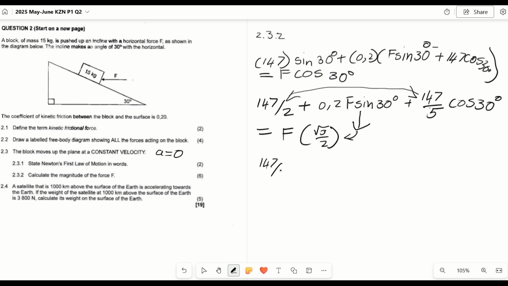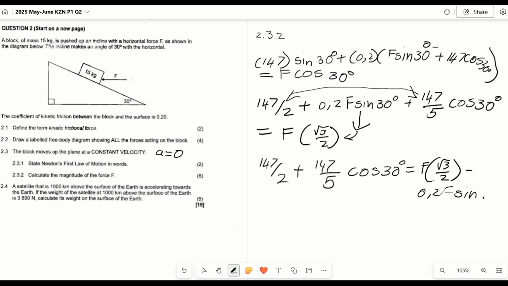So 147 divided by 2 plus 147 divided by 5 cos 30 degrees equals F root 3 over 2 minus 0.2 F sine 30 degrees.